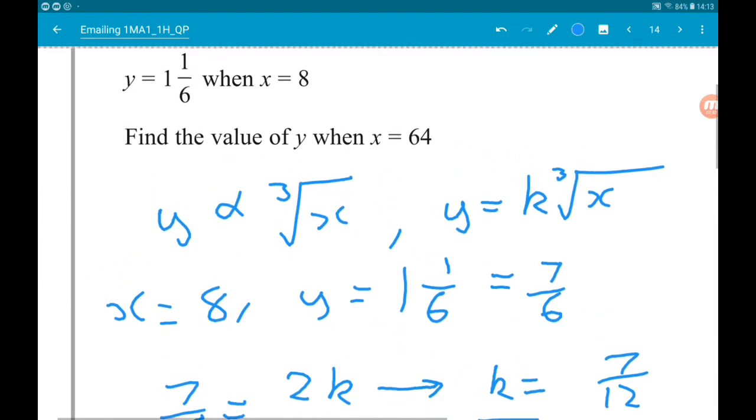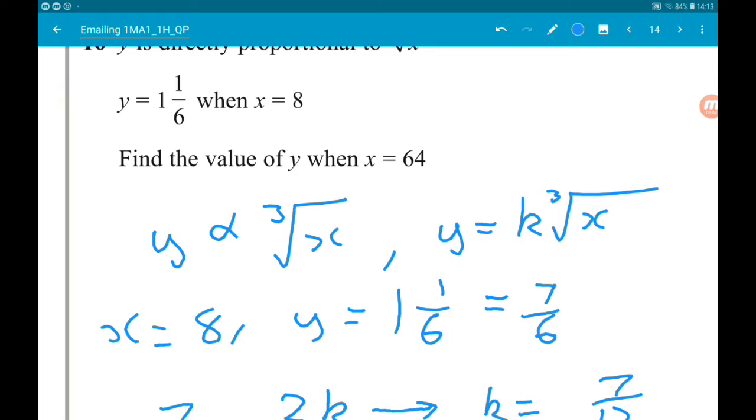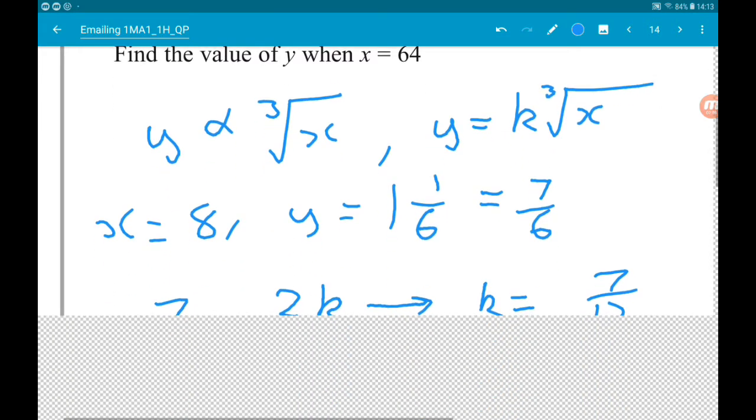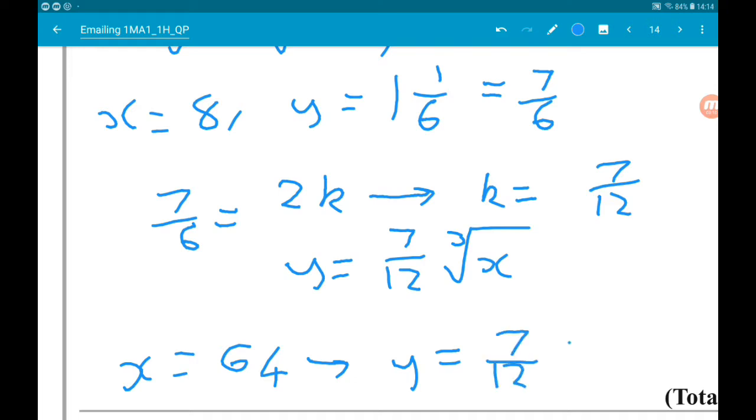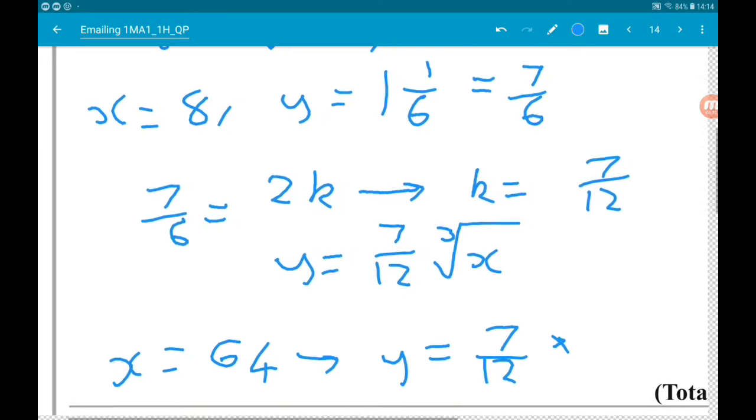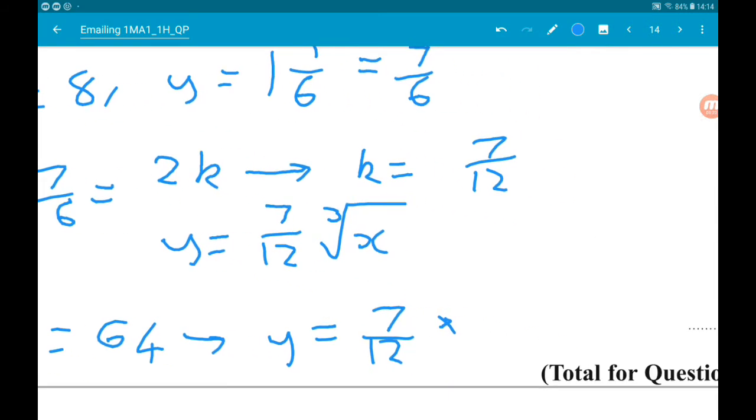Now, we were asked to find the value of y when x is 64. So, x being 64, it's going to give us y is 7 twelfths times, well, the cube root of 64 is 4, so we have 7 twelfths times 4.